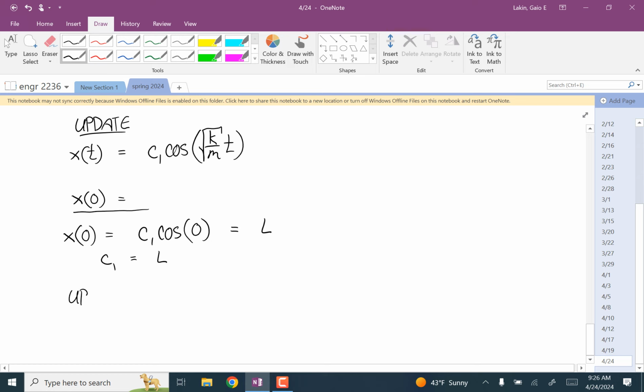And so our final update says x as a function of time is equal to L times the cosine of square root of k over m times time.